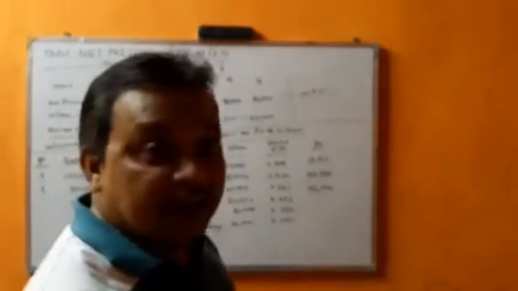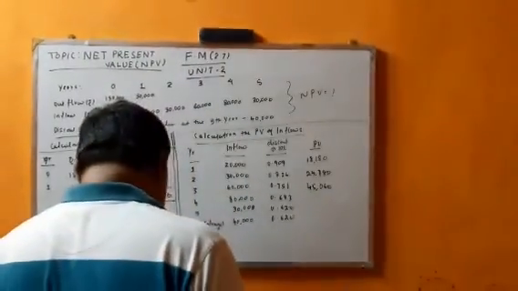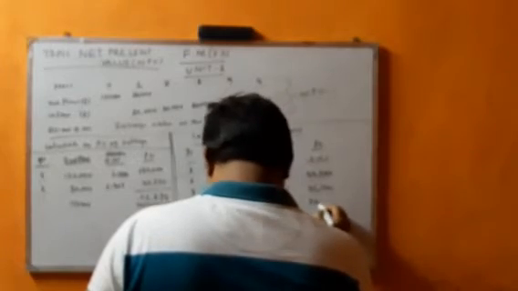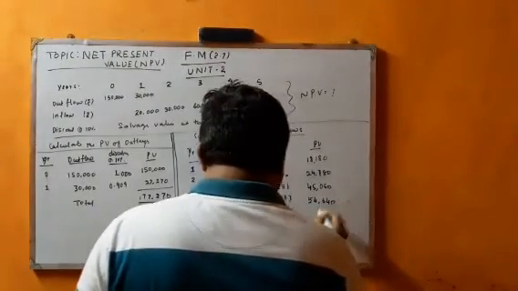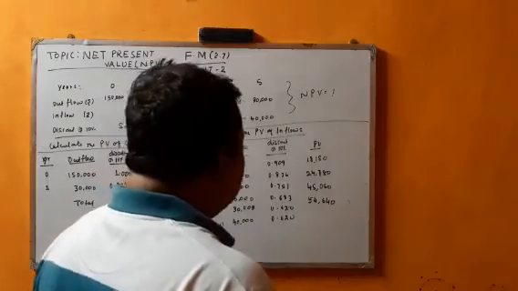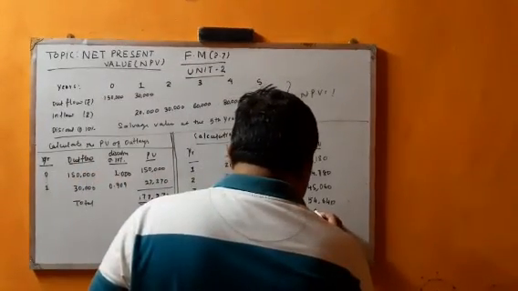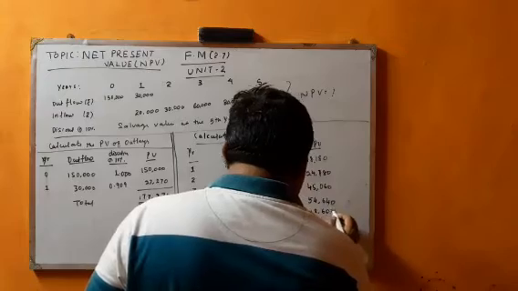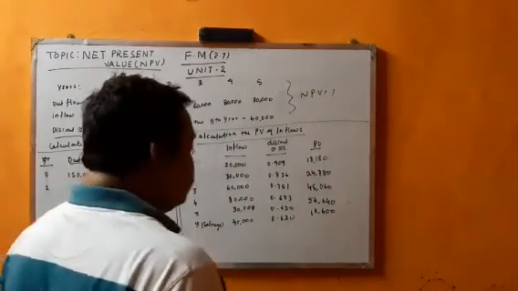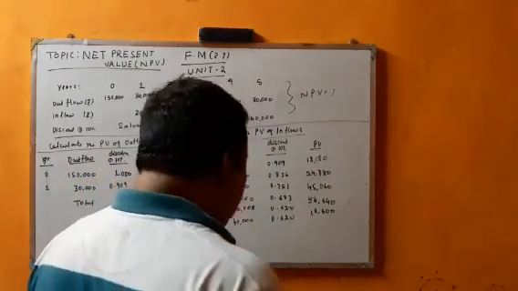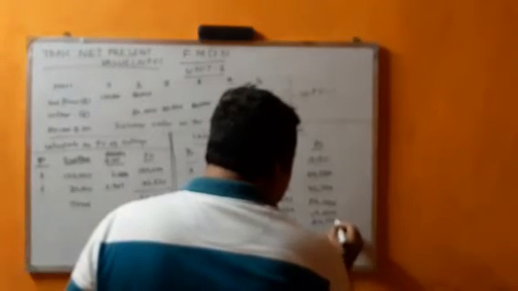Then 80,000 into 0.683 we will get 54,640. Then 30,000 into 0.620 we will get 18,600, and 40,000 into 0.620 we will get 24,800. After that we will calculate the total.